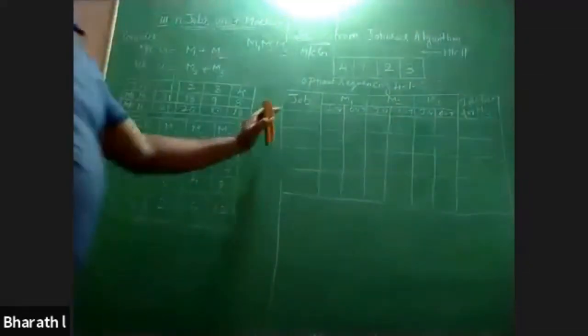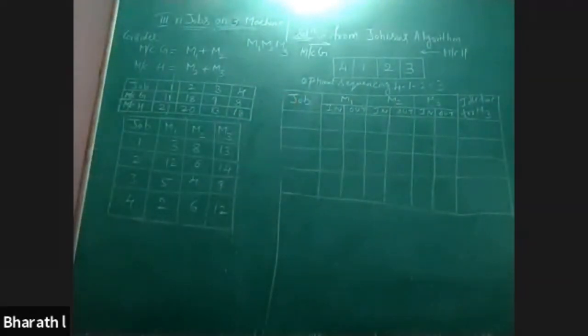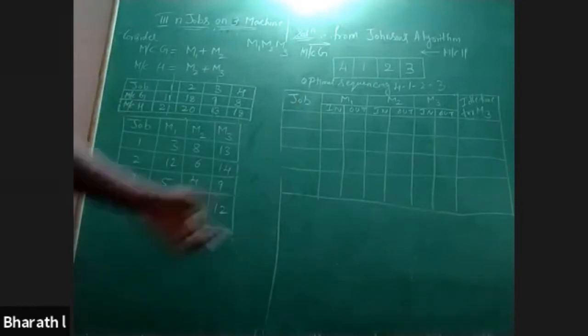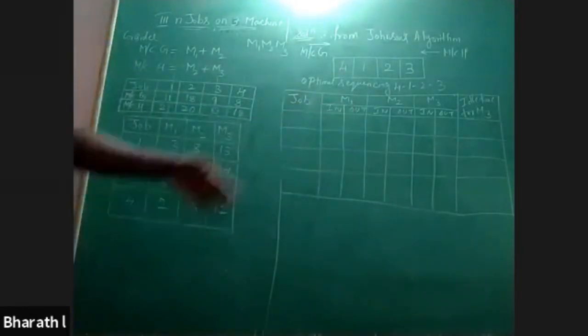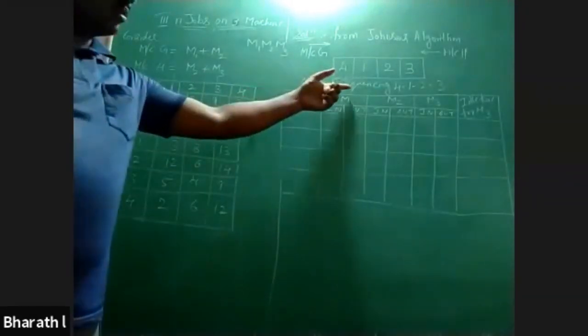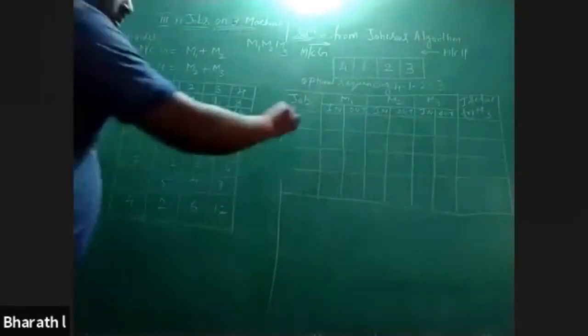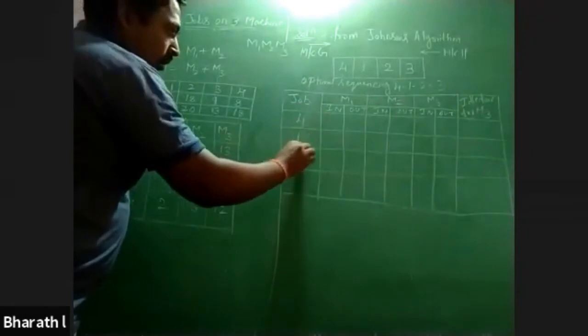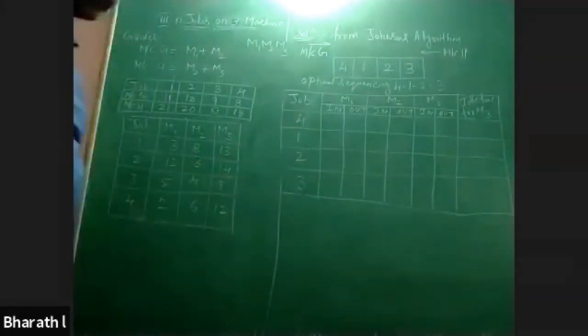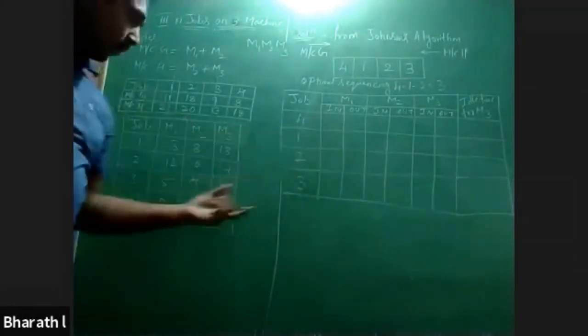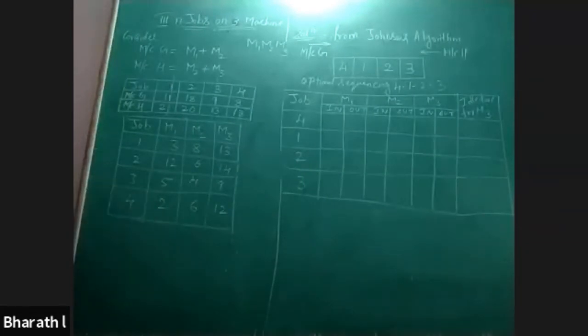That is, for each machine you need to write in time and out time. Then for the job, whatever the sequencing you got, we have 4, 1, 2, 3. In the same order you write 4, 1, 2, 3. Then we will fill the table based on the given table in the question paper.